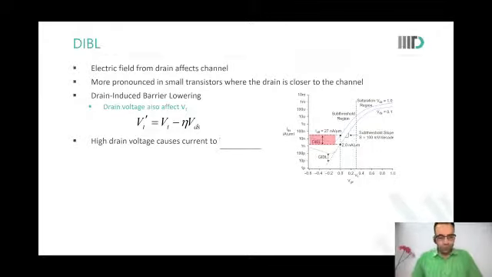So we are not really talking about whether there's a depletion there or not. What we are saying is that the drain voltage and the impact of drain voltage on the depletion layer starts to impact the barrier on the source side also.